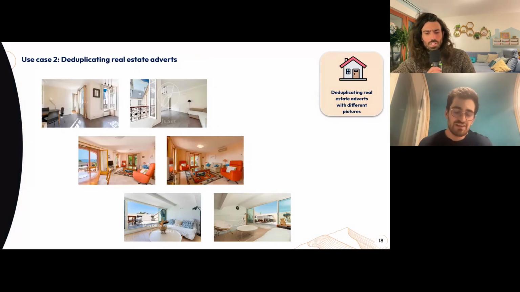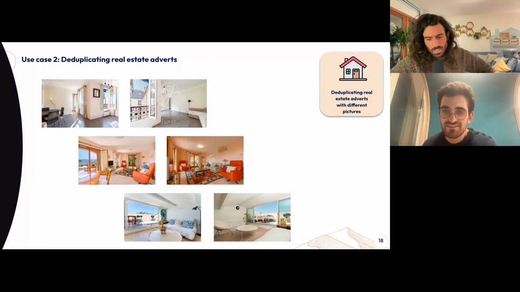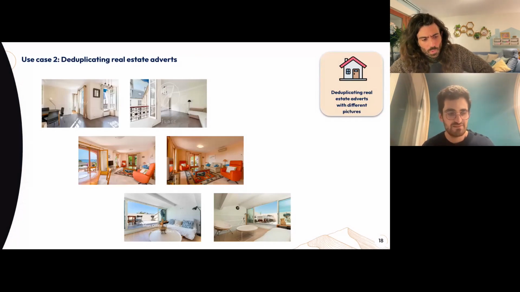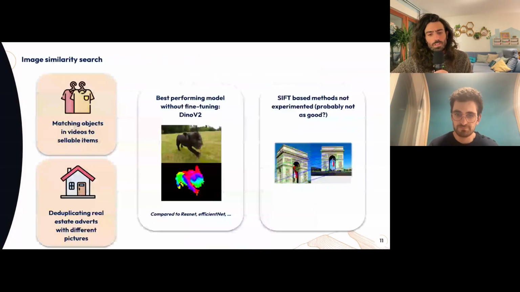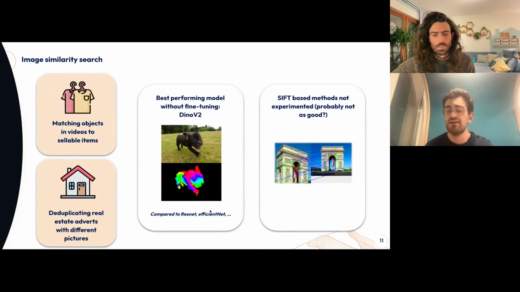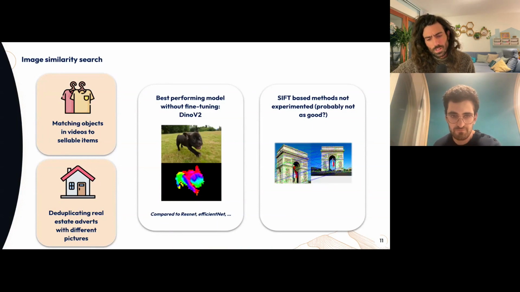Can I ask a few questions before you jump into the second use case? Yes. What other models were you looking at besides the Dino one? I compared to ResNet, EfficientNets, and these kinds of architectures. Was Segment Anything part of it?